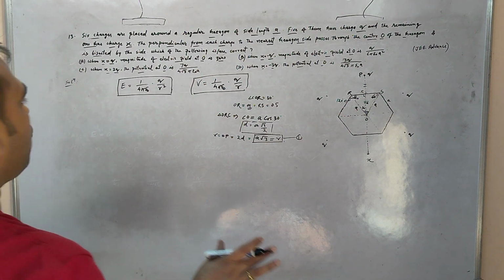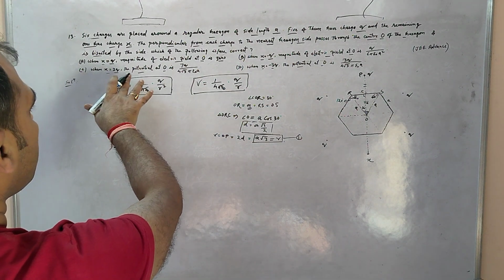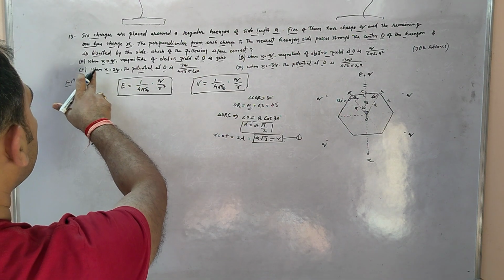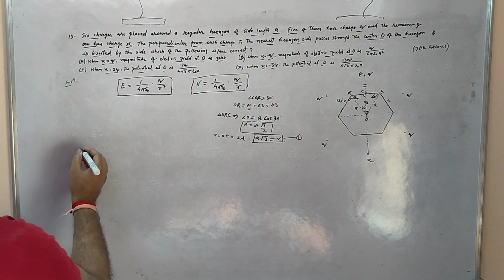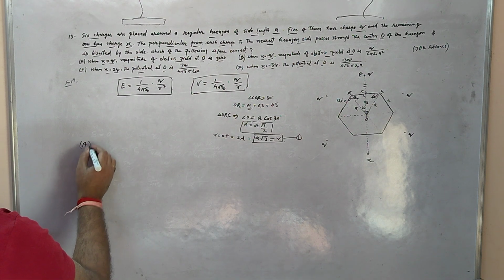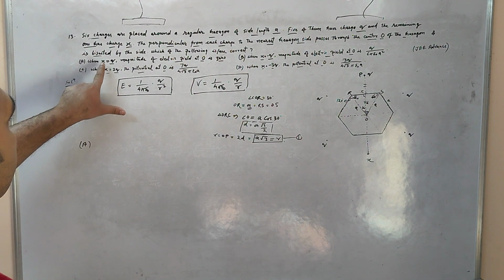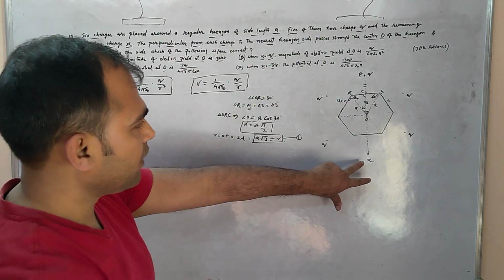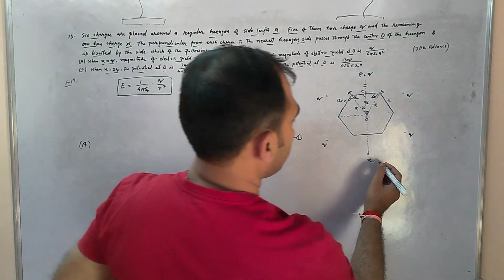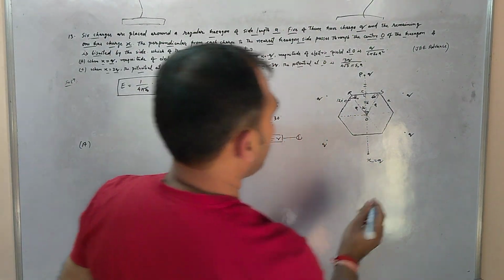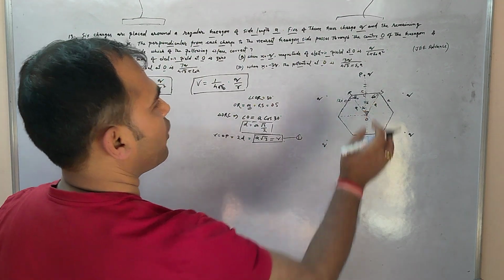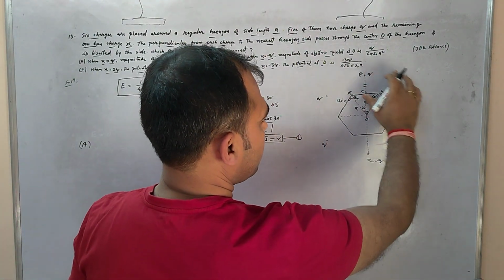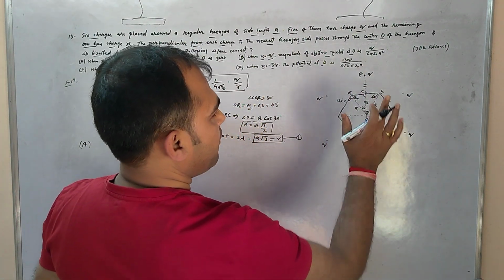So now let us discuss all the statements one by one. Statement A, what does it say? If X is equal to Q, then what will be the electric field at point O? See, by symmetry this will become 0.